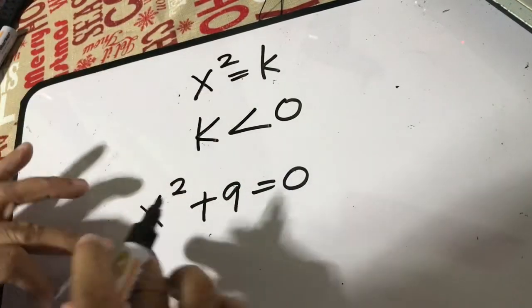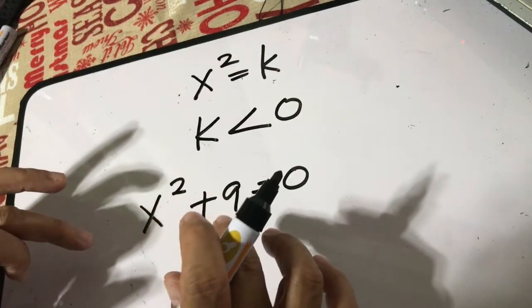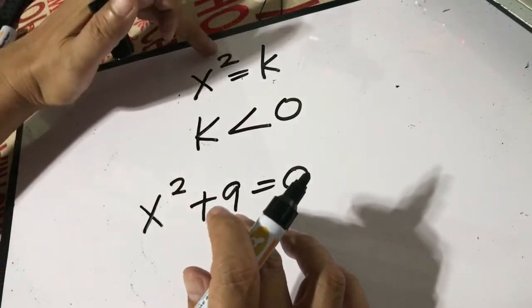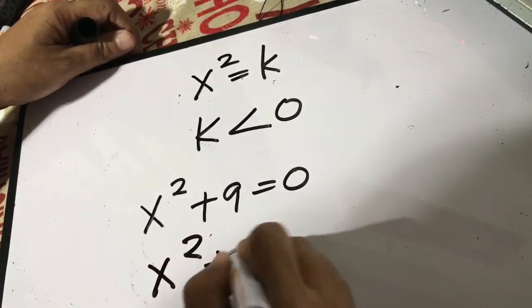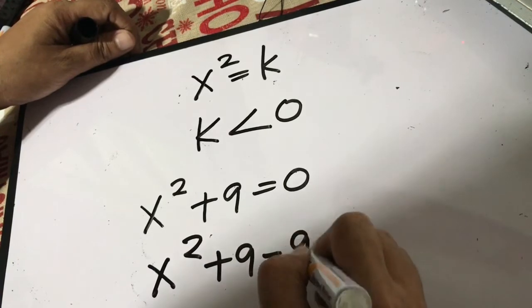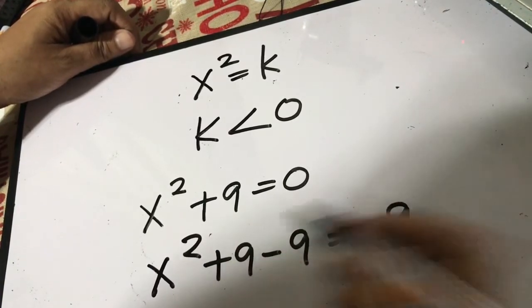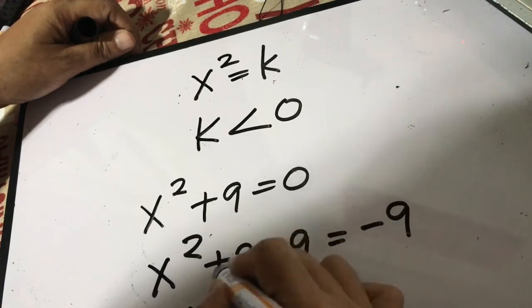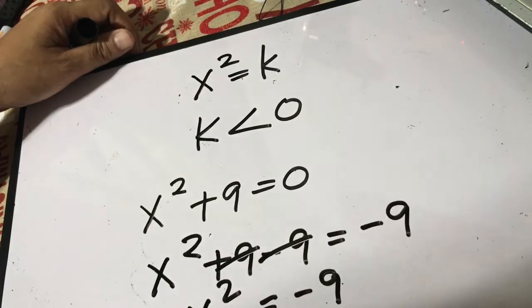Okay, so we have to, again, write or express this x squared plus 9 in the form of x squared equals k. So this is x squared plus 9 minus 9 equals minus 9. Okay, so we have x squared, so this is already 0, is equal to negative 9.